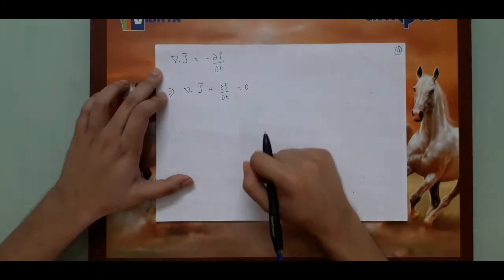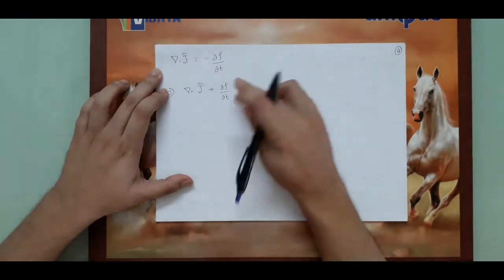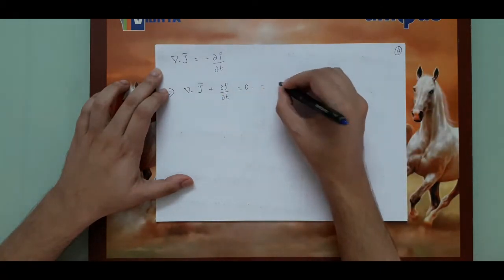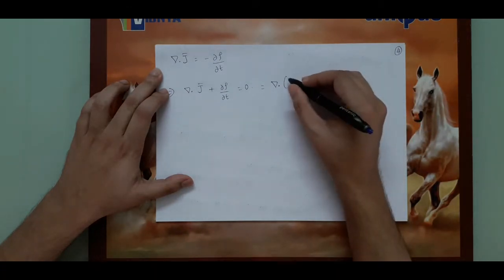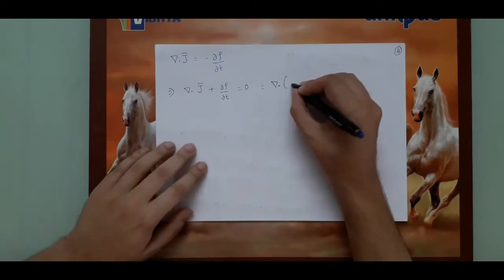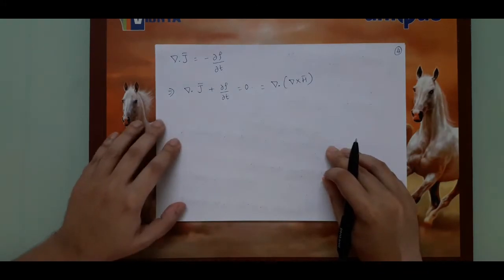this is 0. So now this can be made equal to the divergence of the curl of the magnetic field.